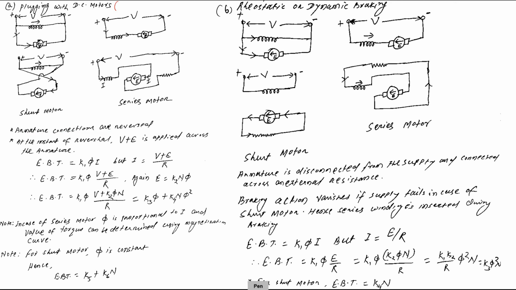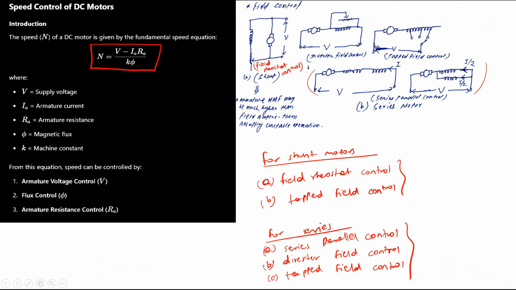Armature connections are reversed. At the instant of reversal, V plus is applied across the armature. V equals EB minus IARA. This was the formula. I guess here it was plus.